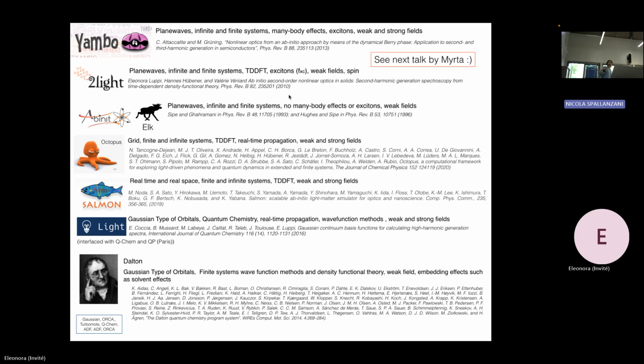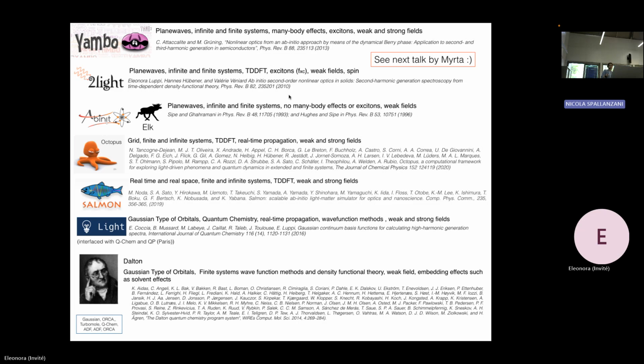There are other codes that exist, and I will give you the presentation so you can get more or less an idea. For example, some are for solids, some can do solids and molecules, some just molecules. Perturbation theory, non-perturbation theory, real time. So there are many things that you can do, and not all the codes are the same. So just be aware that there are many things you can choose from.